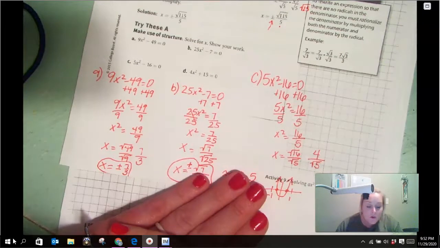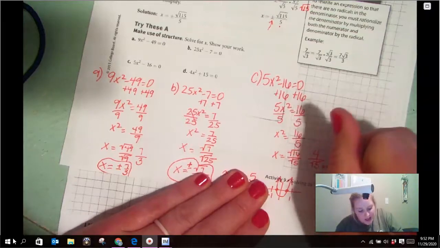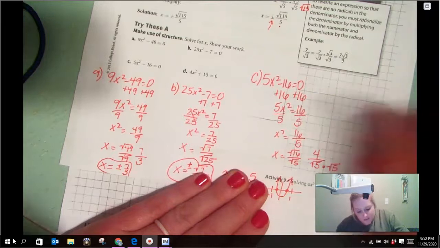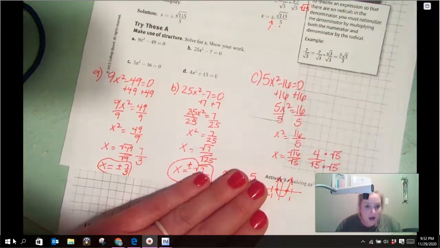But you cannot leave a radical in the denominator. So remember, just like the example, we're going to multiply by the square root of 5 on top and bottom. Same thing. You've got to do the same thing on the bottom as you do on the top. Don't change it up. Leave it the same.